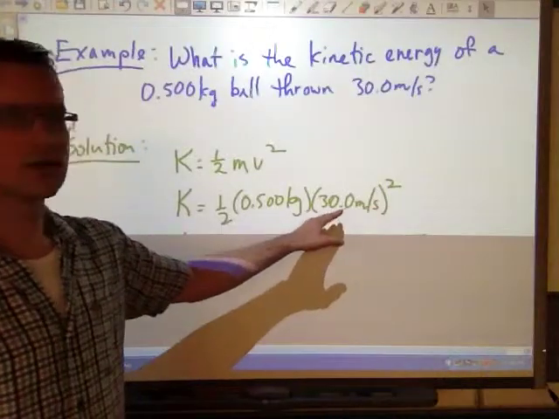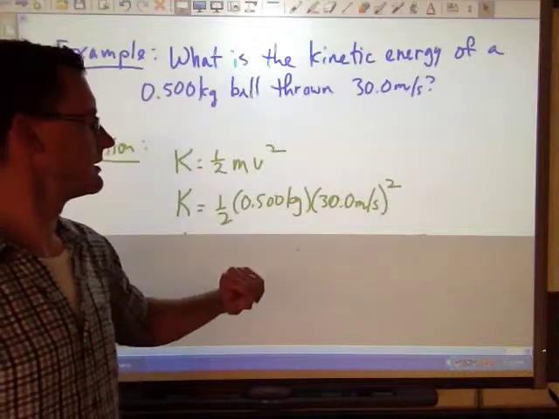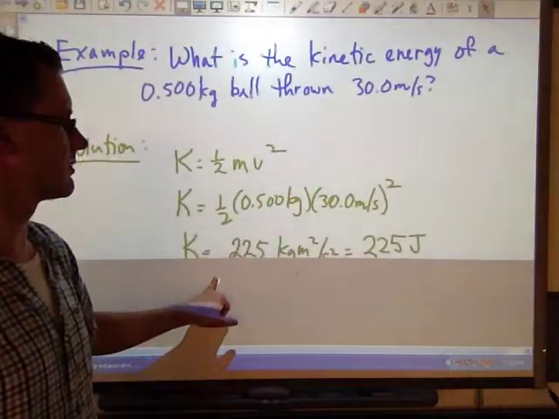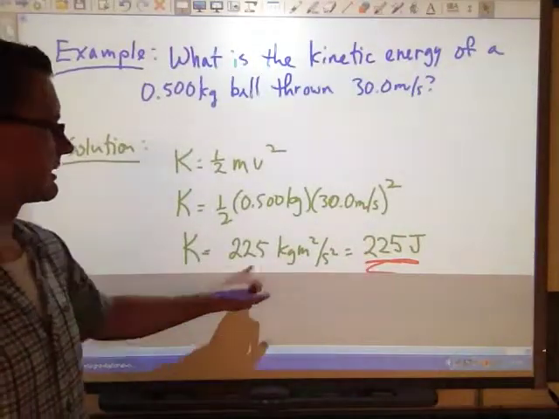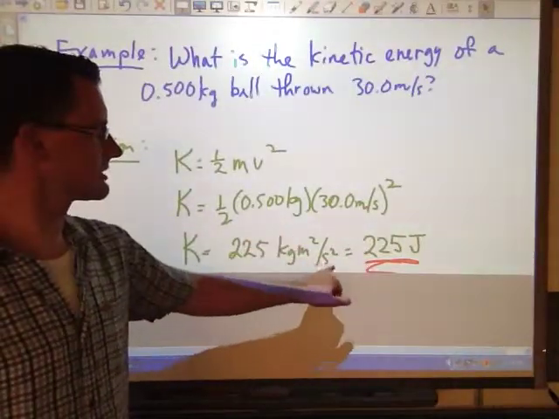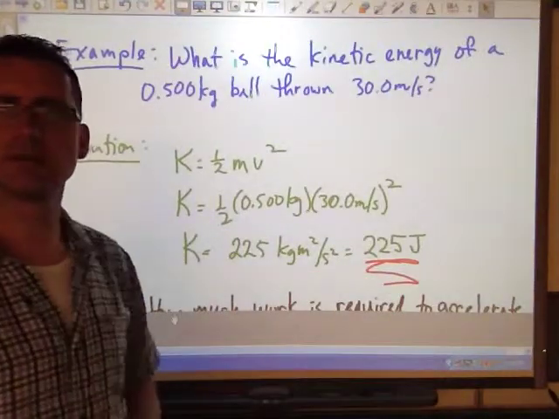Don't forget order of operations: brackets, exponents. So make sure you do that exponent first of all there. 30 squared is 900 there. So we get kilogram meter squared per second squared, and we can simply refer to that as 225 joules.